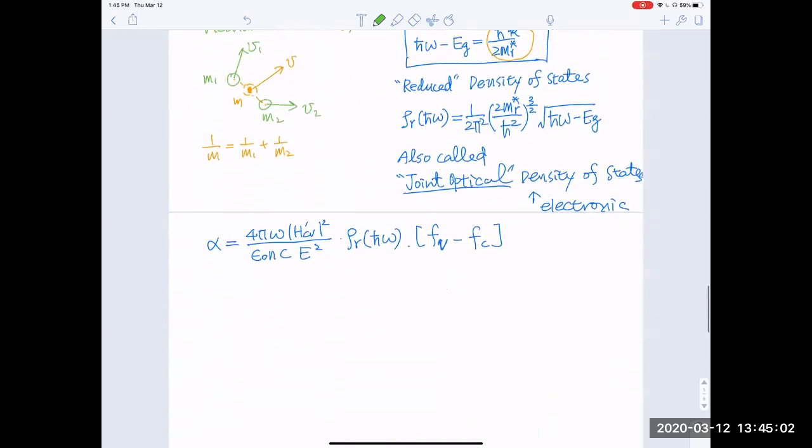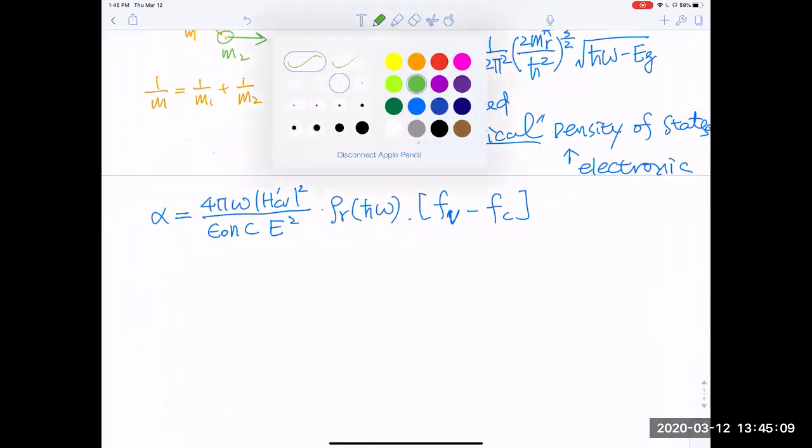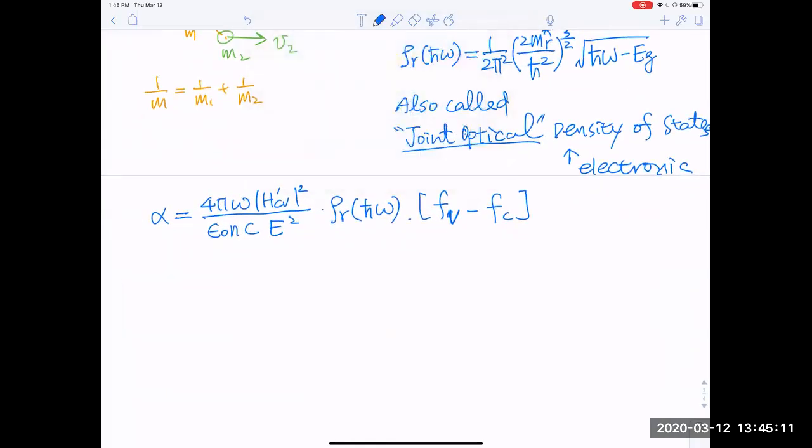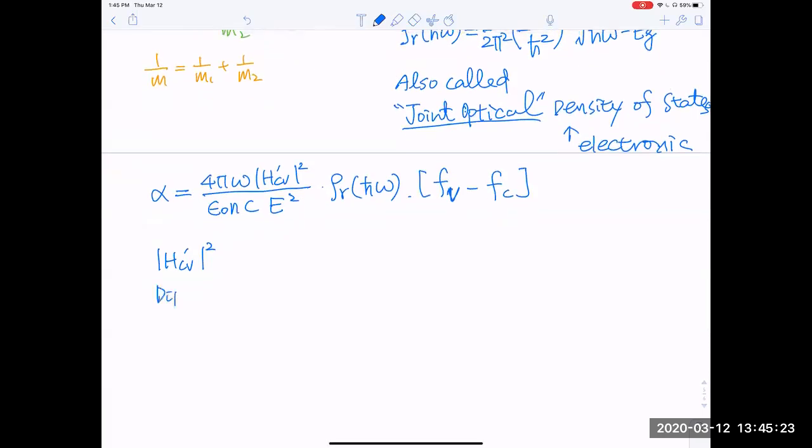Okay, the last part is to investigate the matrix element, H'_cv squared. Previously we have looked at the dipole approximation. The dipole approximation says the perturbation is really introduced by a dipole.